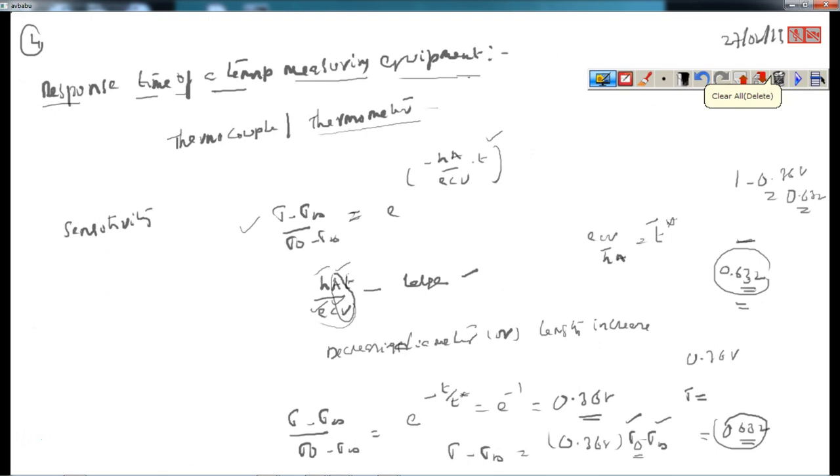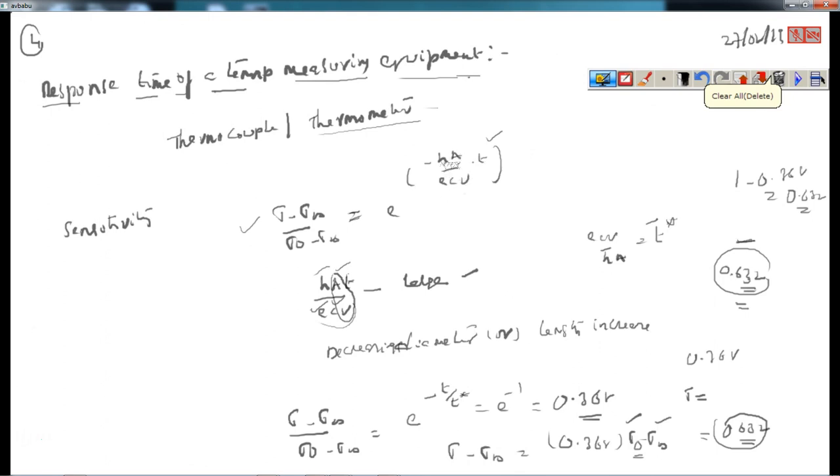So to attain equilibrium with the system, what are the requirements? If I write e to the power of minus HA by rho CV T, the exponent should become minus 1. What I require is this HA by rho CV as large as possible.